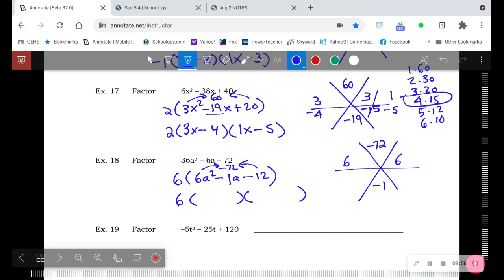Okay, so we're going to make the list, and I'm going to do it clear over on the left of this paper here. So 72 is 1 times 72, 2 times 36, 3 times 24, 4 times 18, 5 doesn't go into 72, 6 times 12, 7 doesn't go into 72, 8 doesn't go into 70, yes it does, 8 times 9, and we've met in the middle here, so if you move on from 8 to 9, you're just climbing the other side.